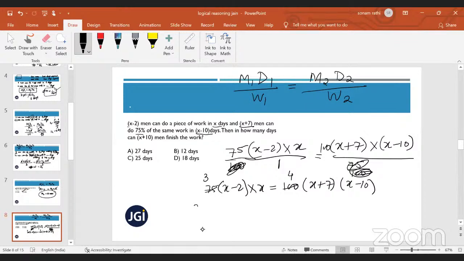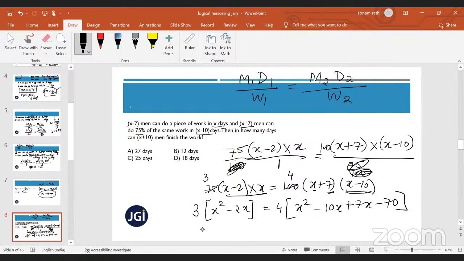So I will keep this 3. First, I will multiply this. So X square minus 2X. This is 4. Now X multiplied with this, so X square minus 10X plus 7 into this, 7X minus 70. Okay, solve it. You will get a quadratic equation.